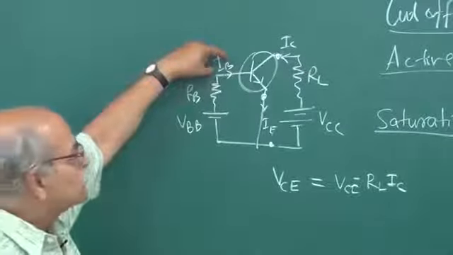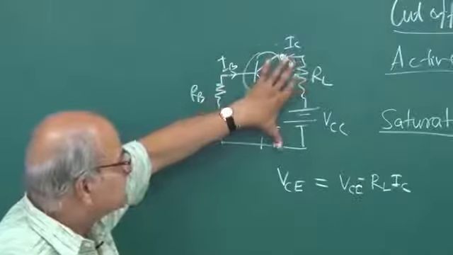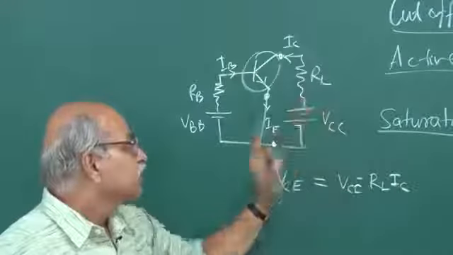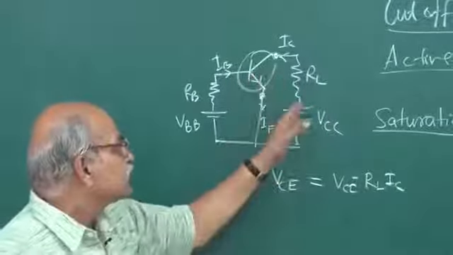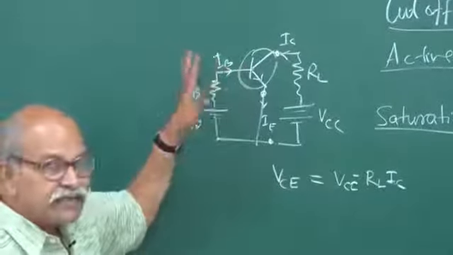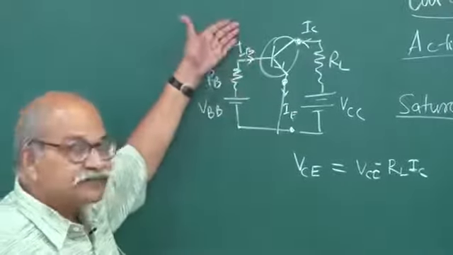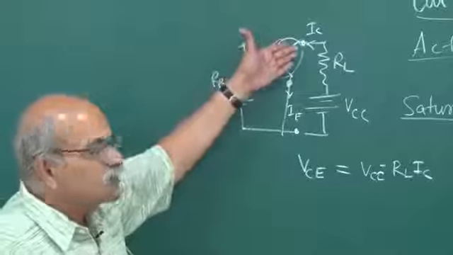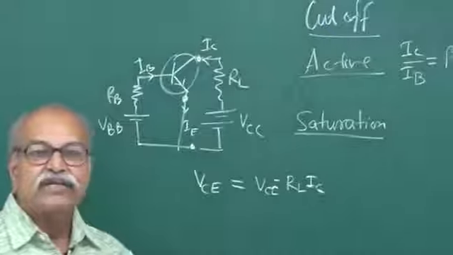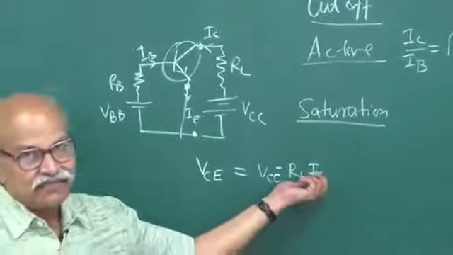you can get a situation where IC is increased so much that this drop is now very small, because this drop is VCC minus RL times IC. The current is going in this direction, remember. So now we say that it has reached the saturation stage, and if you increase this IB further, since it is no more sufficiently reverse biased, it will not follow this equation, it will not draw that much current, and it will almost be constant at its maximum value.